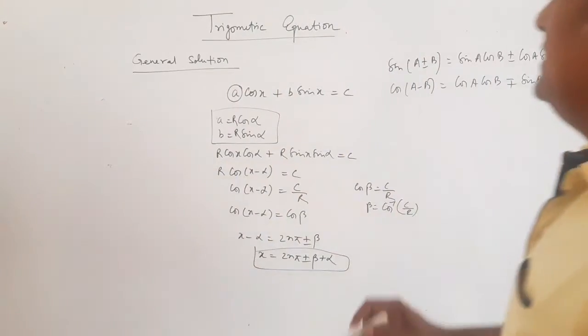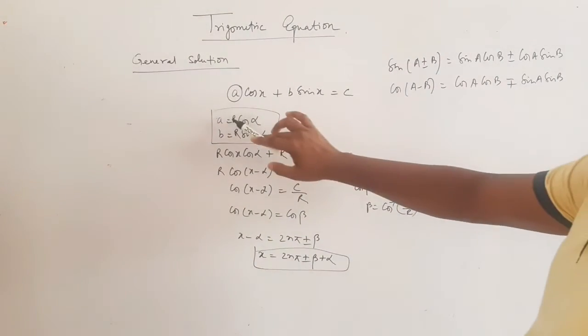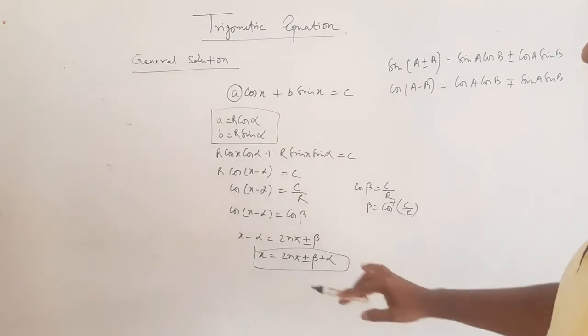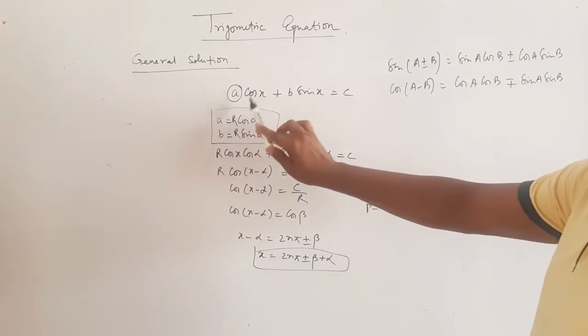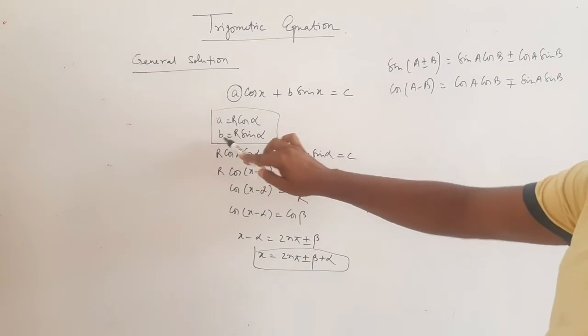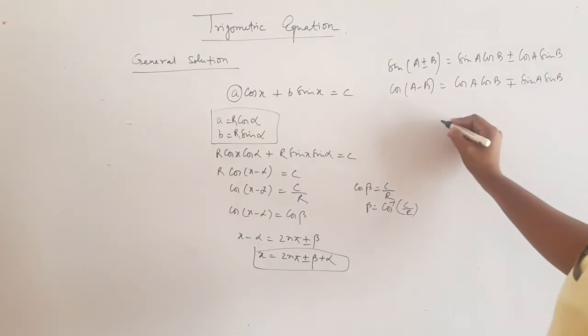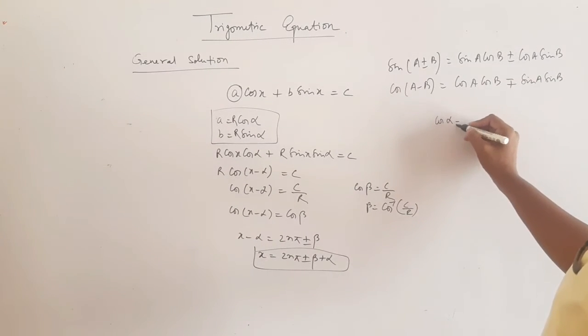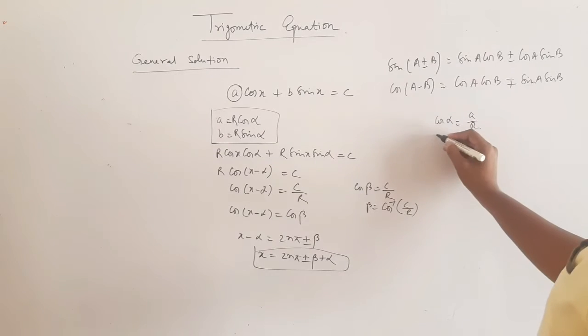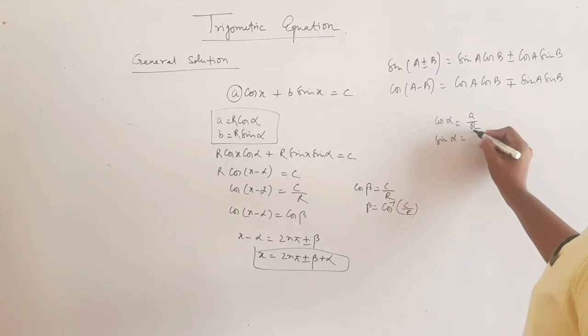Now one more consideration, what does this information mean? You are given the expressions where the constants are a, b and c, but you have made certain adjustments and then you have converted a as r cos alpha and b as r sin alpha. So what actually are they? If you see that, you can say cos alpha is a over r and sin alpha is b over r.